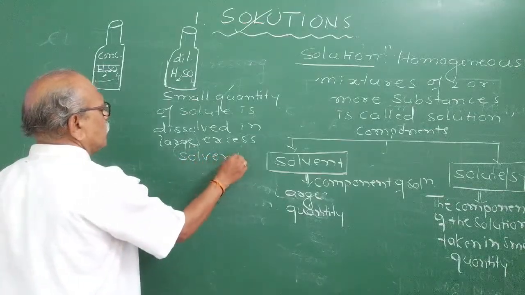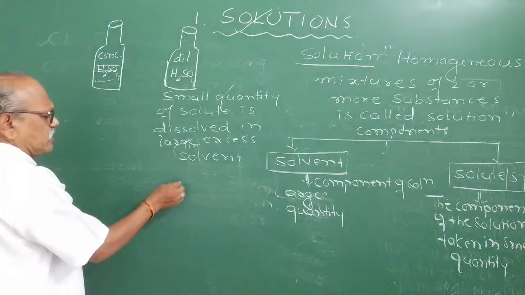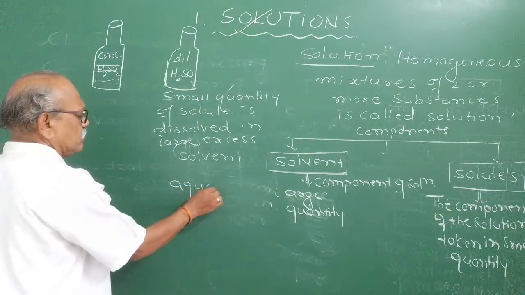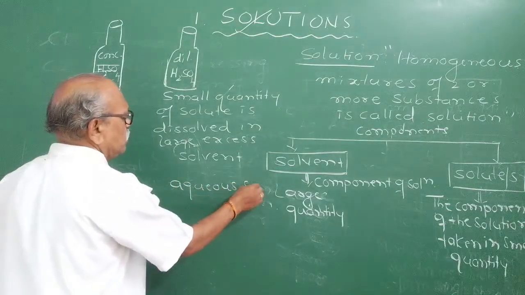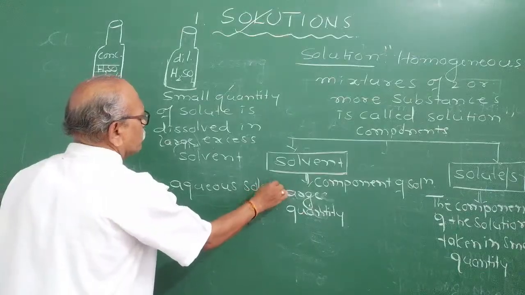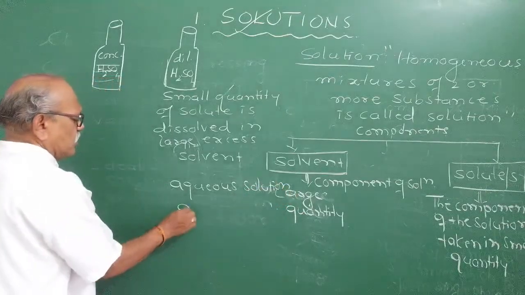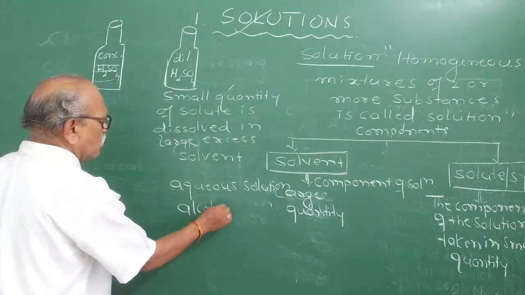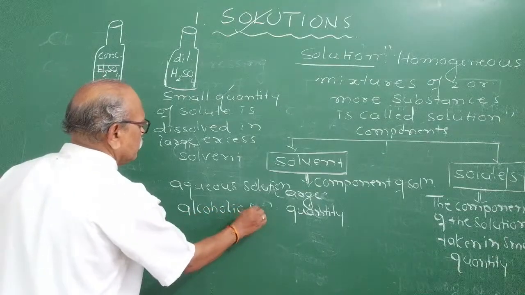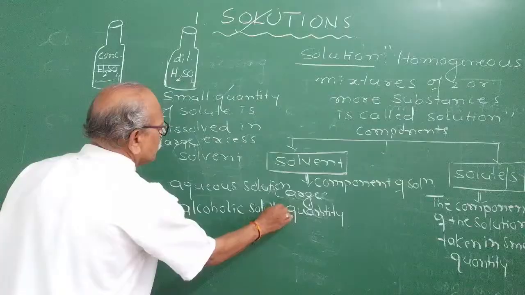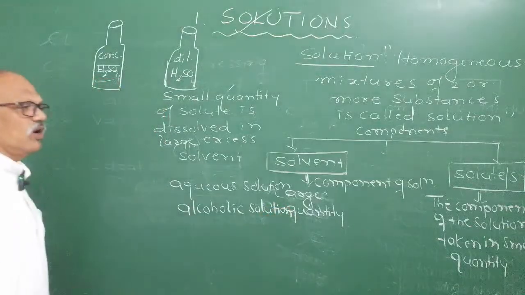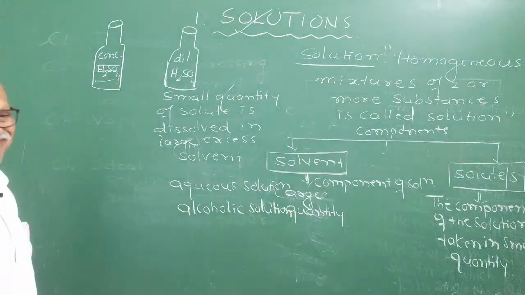If the solvent is water, then the solution is said to be an aqueous solution. Generally, if the organic solvent is alcohol, that is an alcoholic solution. Means what? Solutions are determined not by solute, but by solvent.